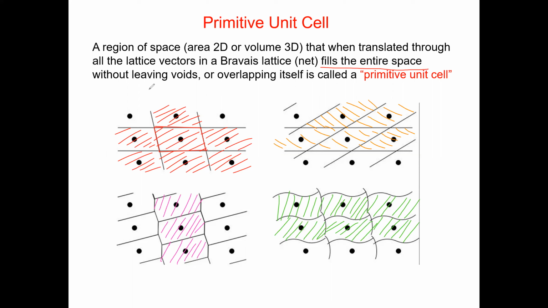And the similarity is that all the primitive unit cells that we pick for each case didn't leave any void or overlap itself, okay? And again, each primitive unit cell contains only one lattice point.